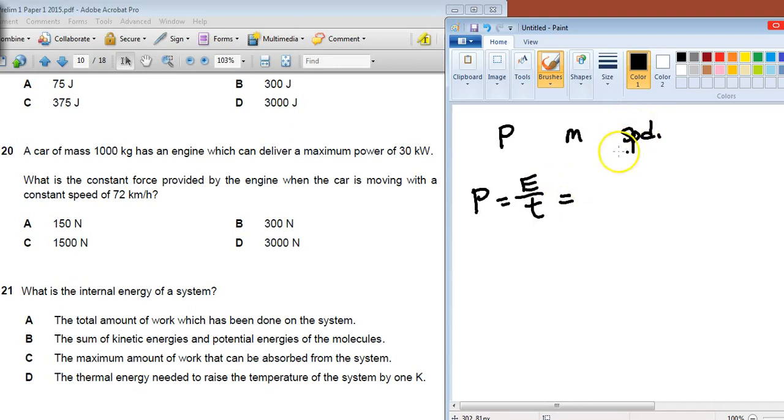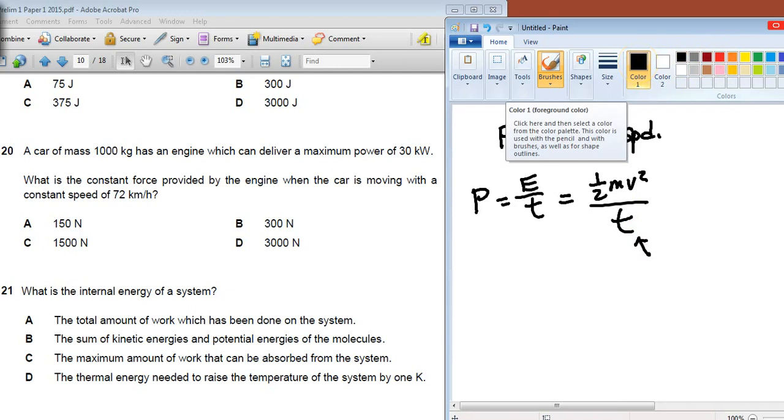And how can you get speed? Well, the first thing that comes into your mind may be half mv squared. Okay, but the problem is if you use half mv squared on top, you have this t here, which you have no parameter for. So you know that you are stuck right now. You cannot use half mv squared.